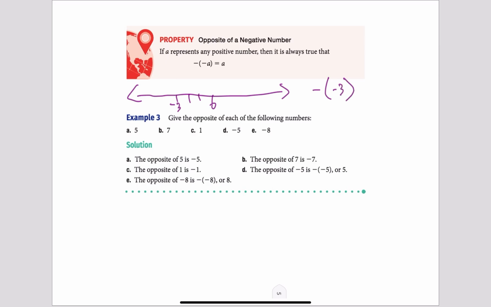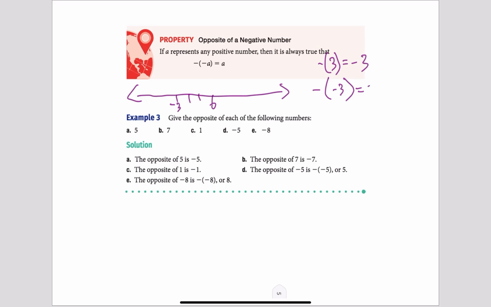Because I know the opposite of 3 is negative 3. What's the opposite of negative 3? What number is exactly the same absolute value and same distance from 0, but with the opposite sign?